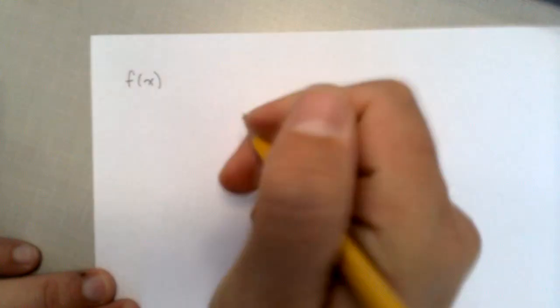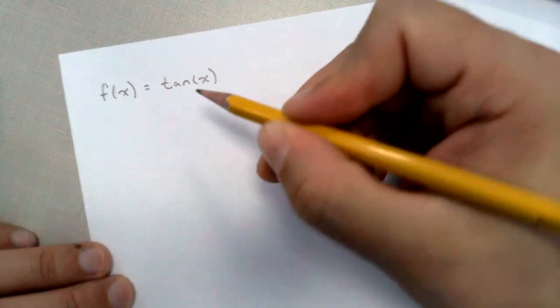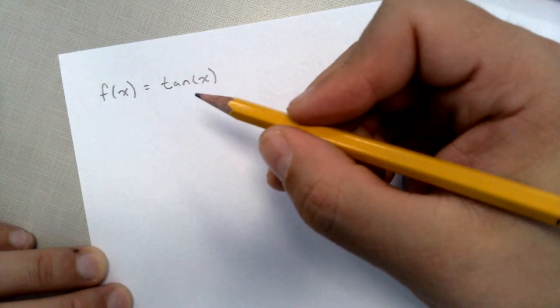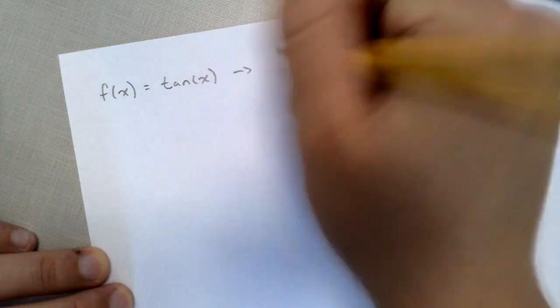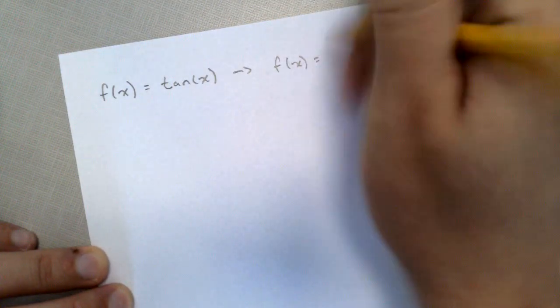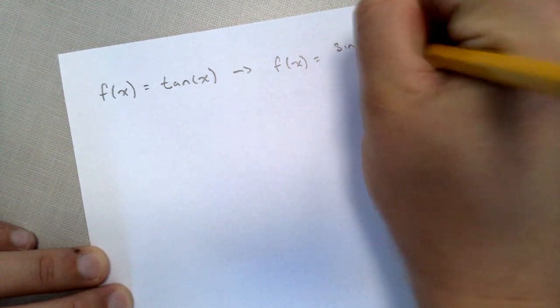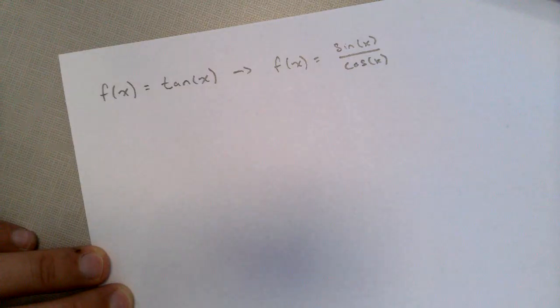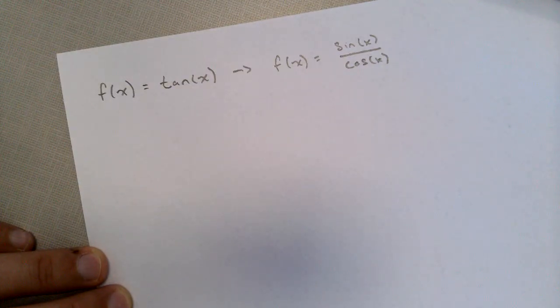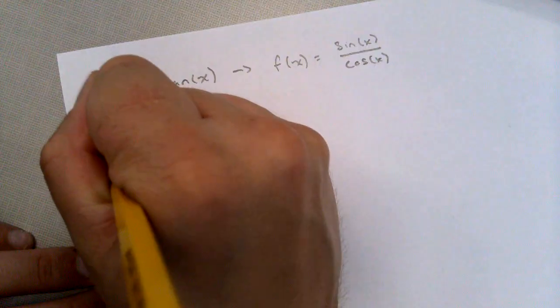All right, let's do another example. Let's do f of x equals tangent x. Well, finding the derivative of tangent x actually requires us to use the quotient rule, because another way that we can write tangent of x is sine x over cosine of x. So let's apply our quotient rule.